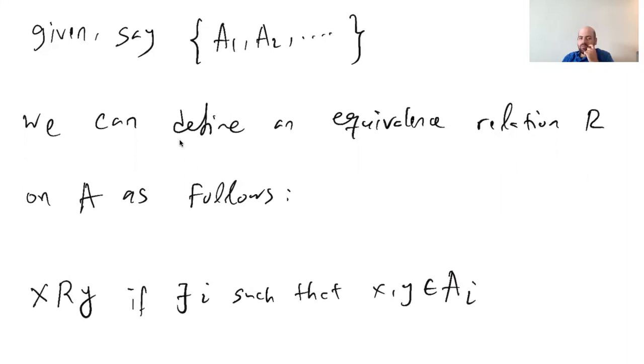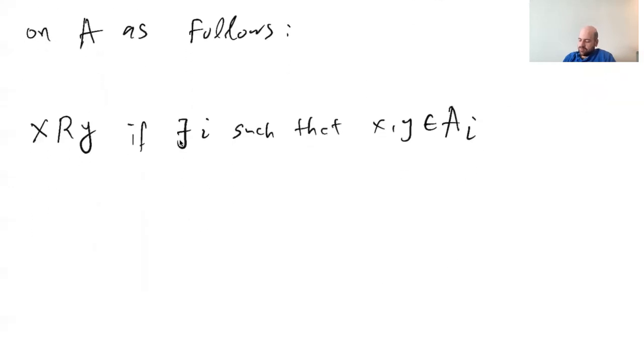So if both X and Y are in one of the AIs, then we say X is in relation with Y. This is the way we are defining the relation, and our claim is that this relation is an equivalence relation on A. So now we need to prove this: proof of R being an equivalence relation.